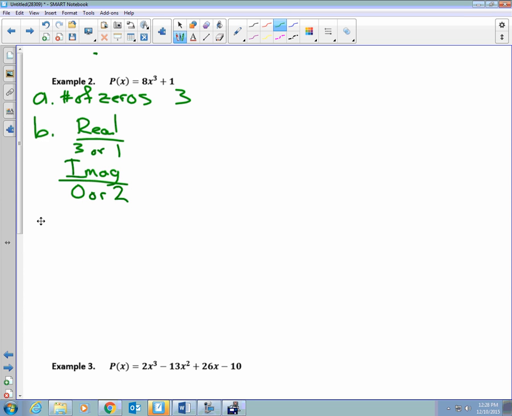Could I have 4 imaginary solutions? No, because you can only have at most 3. You have to have one real solution. Was it possible to have 0 real solutions for our last one? For a fourth degree, it's possible to have 0 real solutions. You tell me this. Why must a cubic have at least 1 real, but a quartic might have 0 real?